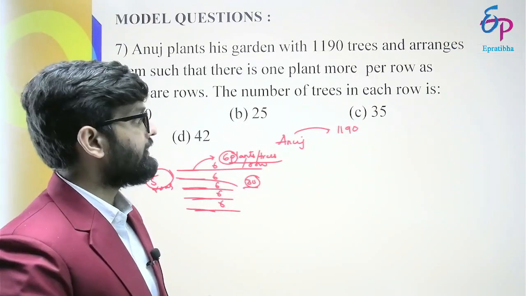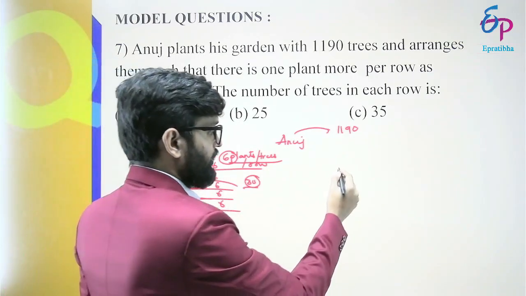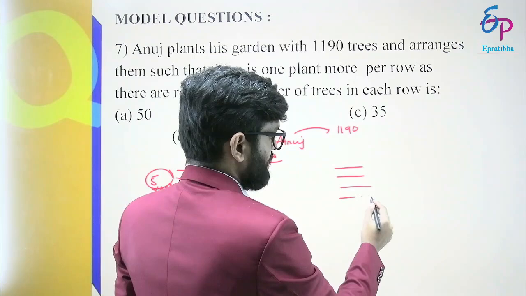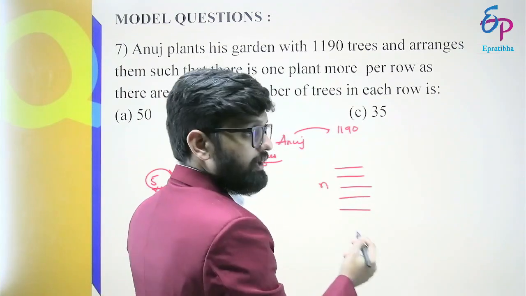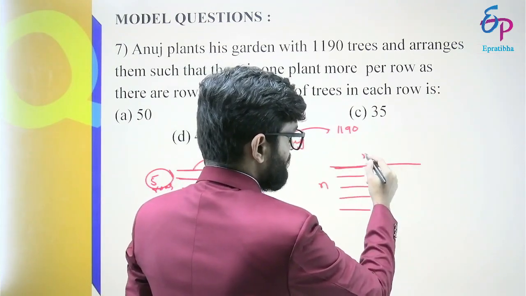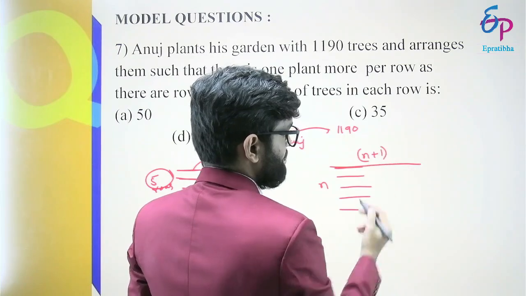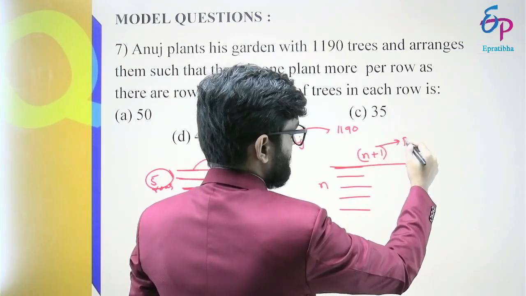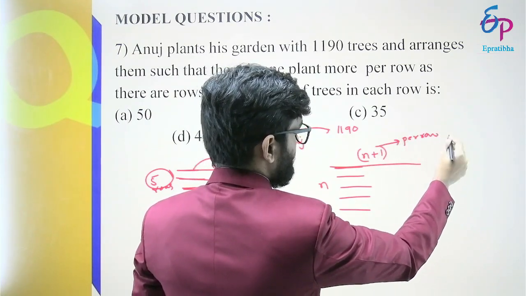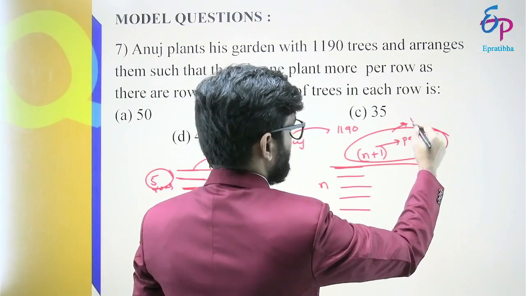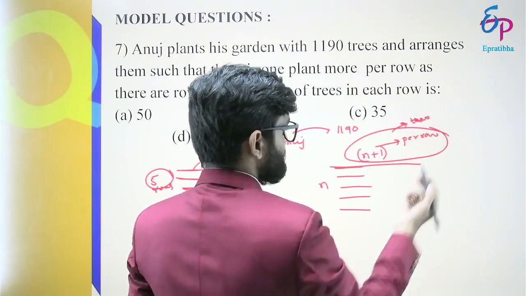But he is not telling how many rows are there and how many trees per row are there. He is just telling us in the question that whatever the number of rows, per row the number of trees will be n plus 1. So n plus 1 trees are there. So total number of trees, can you guess the formula?